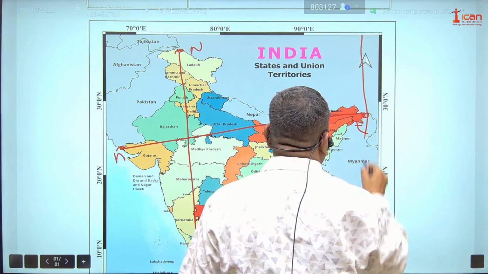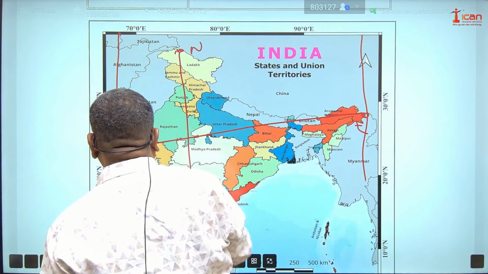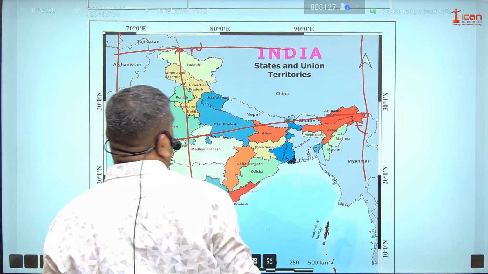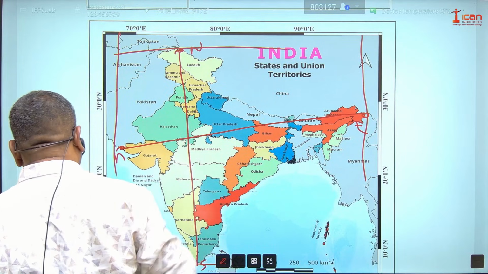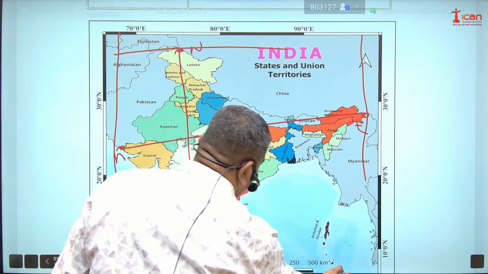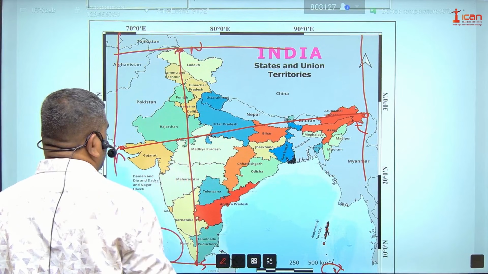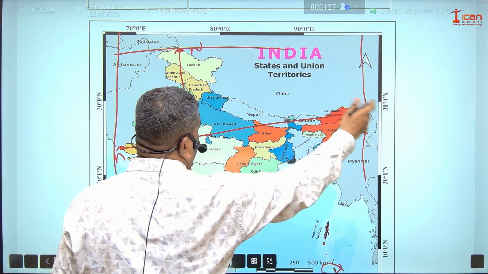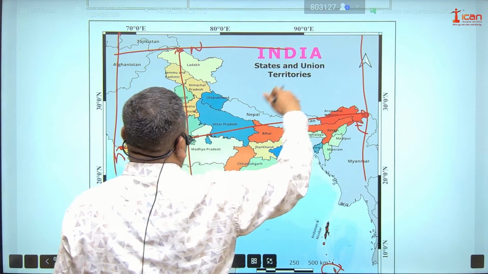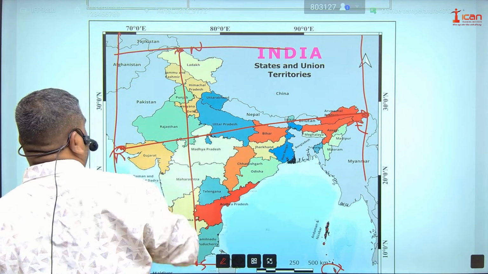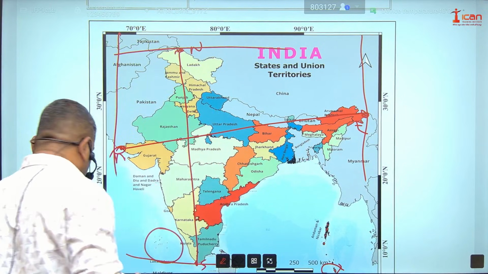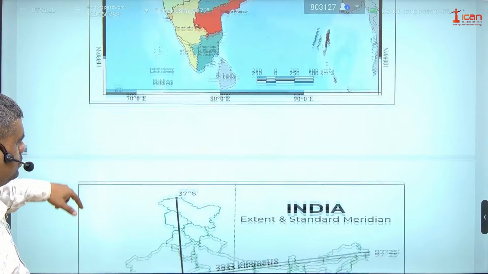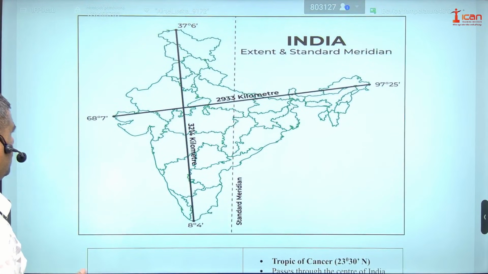We are at 37 degrees here, or almost 8.4 here, because we have Andaman and Nicobar also, and Lakshadweep here as well. And then for the longitude, it's close to some 67 degrees east. So this is how vast or how big the country is. Now let us look at the extent of the country.